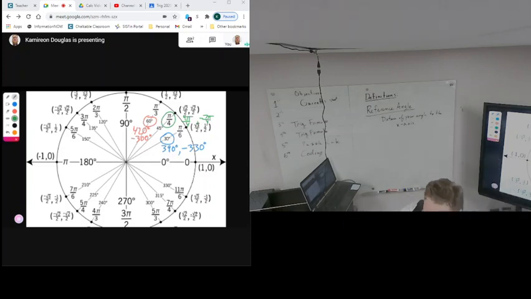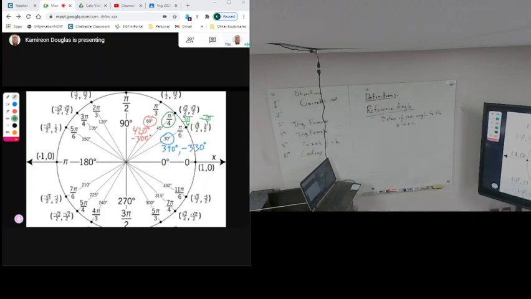The distance from your angle to the x-axis. It sounds so simple. Or maybe you're looking at me going, no, Douglas, that don't sound simple at all. It's supposed to sound simple and it's supposed to be deceiving.